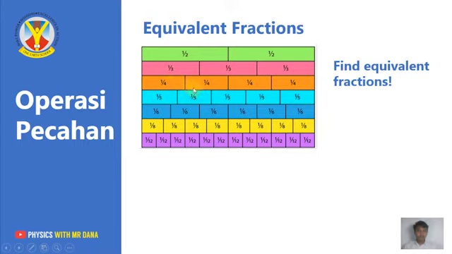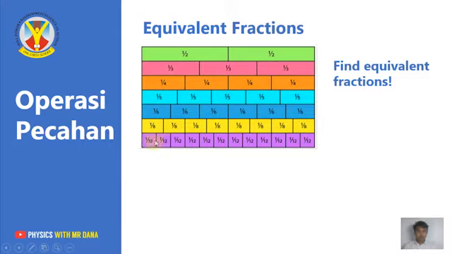Because they have the same length, 2/4. And you can see here, they also have the same length from here to here. So 1, 2, 3. So 3/6. And this is also the same length because they have the same line border. 1, 2, 3, 4. So 1/2 is also equivalent to 4/8. And this is also equivalent.